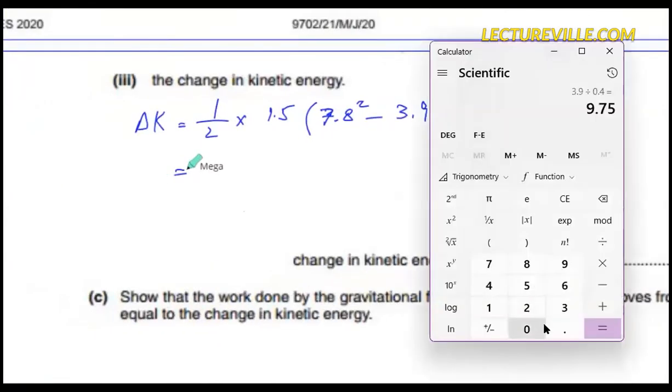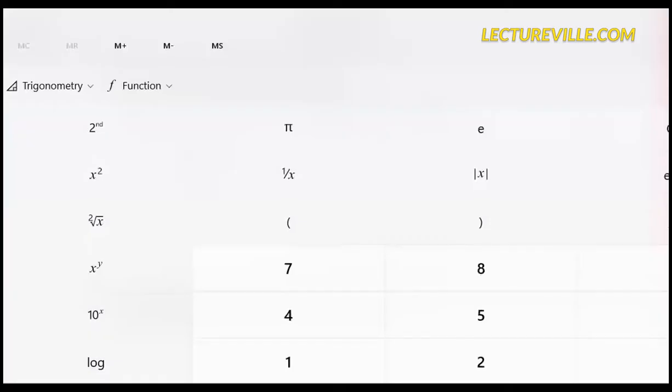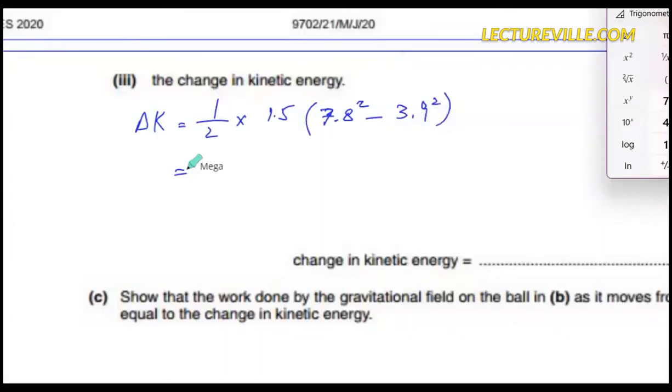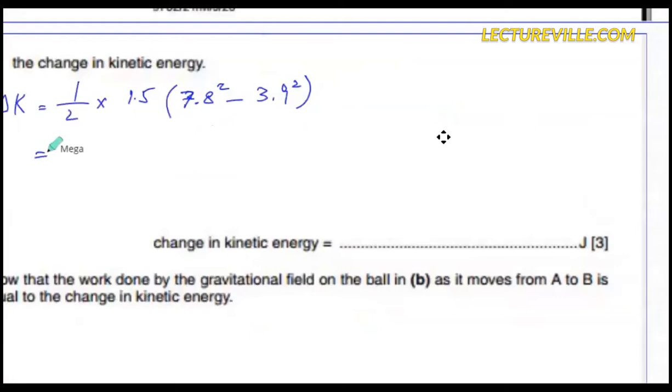So it will be 0.5 times 1.5 times 7.8 squared minus 3.9 squared. My calculation is saying it is 34.2, or 34 joules.